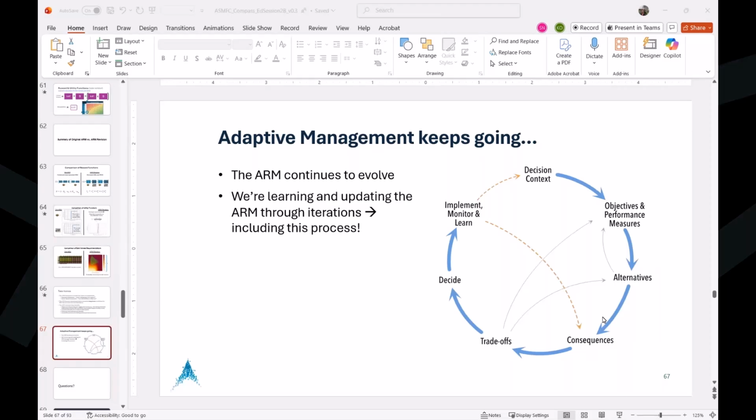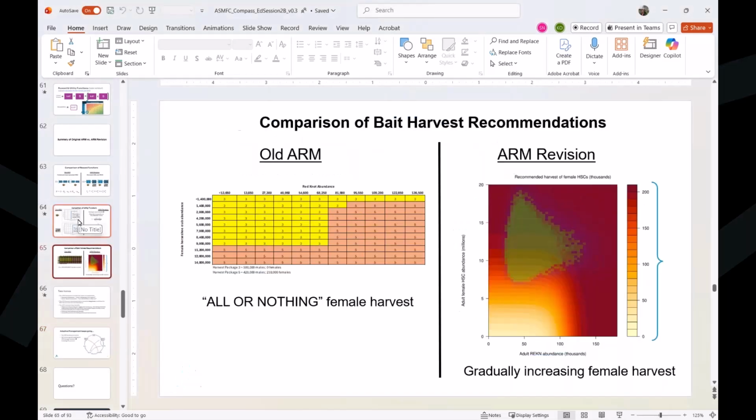And so if you'll go back now to the harvest policy function, if in real life, not in simulated time, but in real life, we began to see lower and lower red knot abundances, the simulation models, the place where the red knot and female horseshoe crab abundances were predicted to be, that green blob, would move closer to the lower left-hand corner.